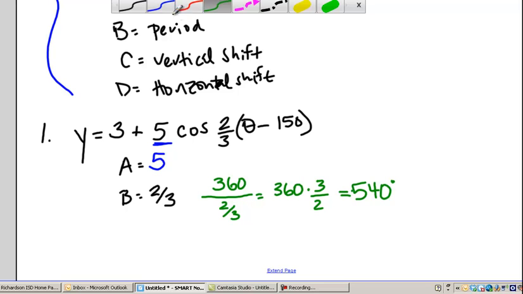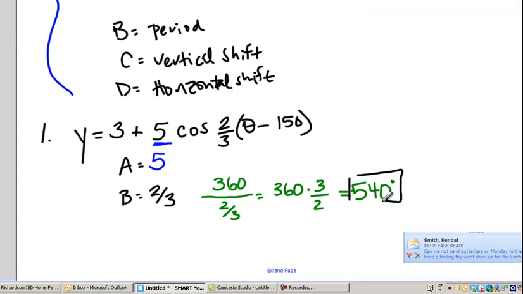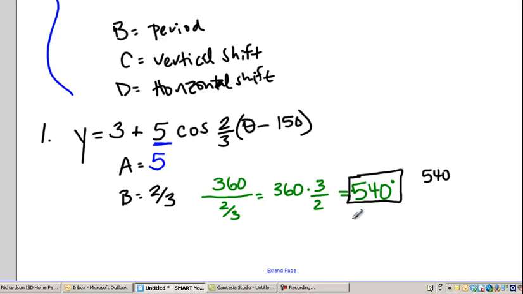Now, some people got confused with this too. So this is our cycle length right there. Okay? Now, to find our critical points, meaning what we're going to space our x-axis by, you take 540 and you divide by 4.